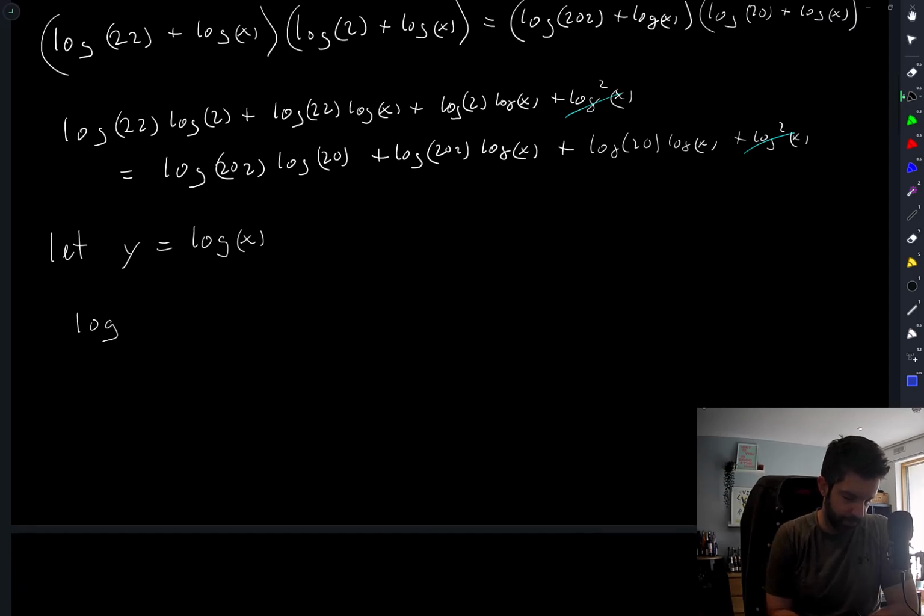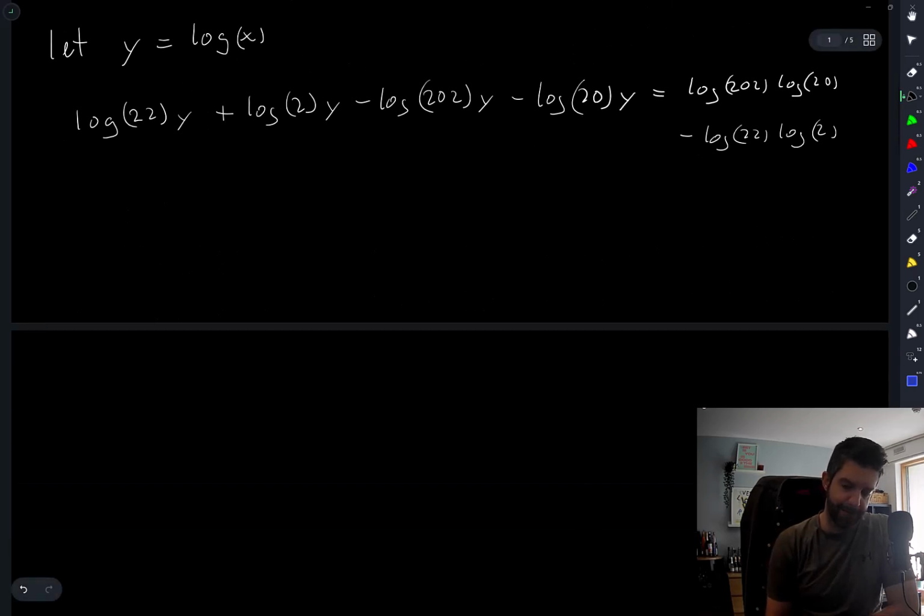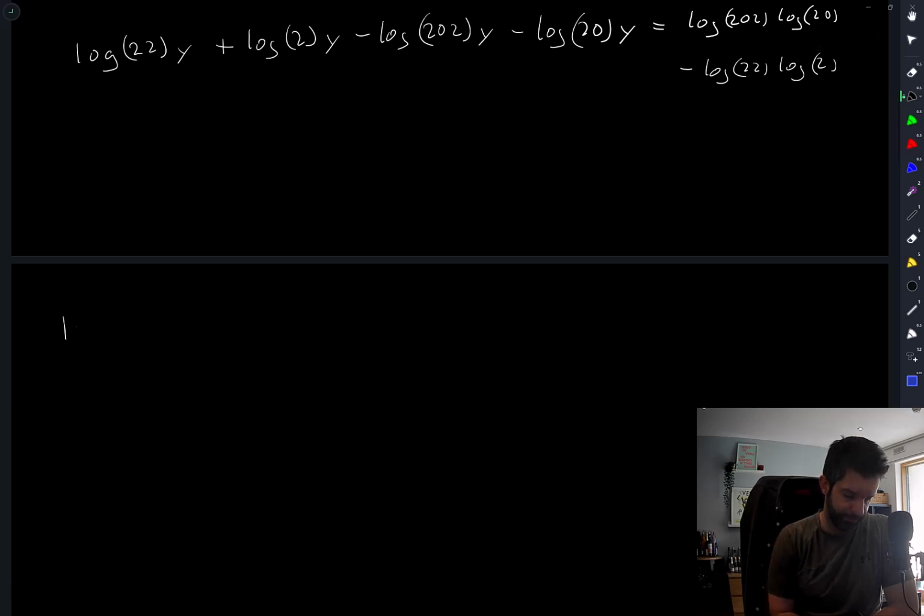Then I've got log 22 y plus log 2 of y minus log 202 y minus log 20 y is equal to log 202 log 20 minus log 22 log 2. So the left-hand side is that.